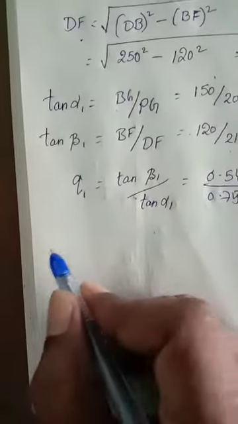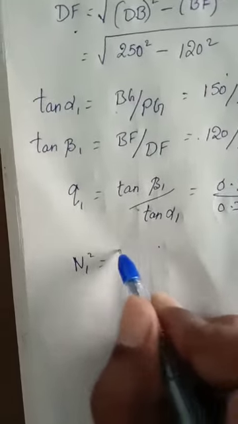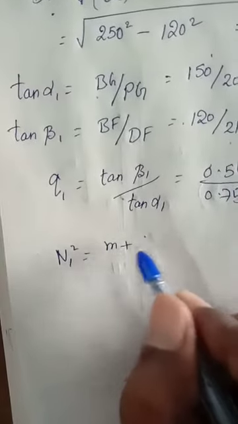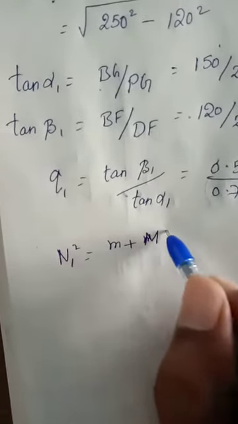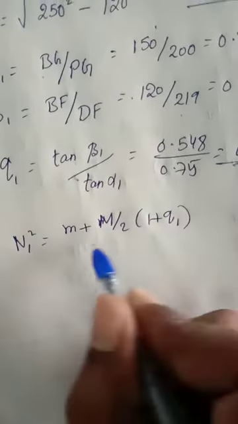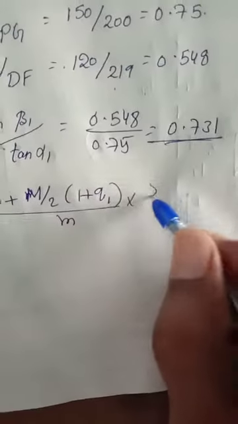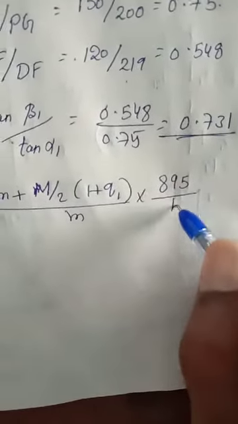We know that N1 square is equal to (m plus capital M) by 2, (1 plus Q1) divided by m, into 895 divided by H1.